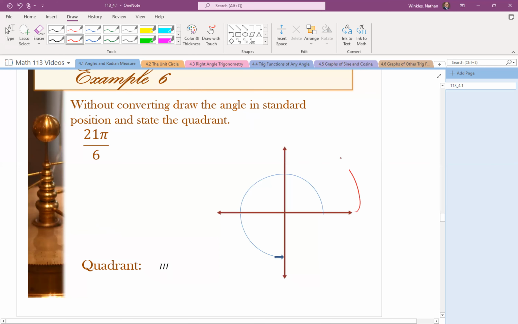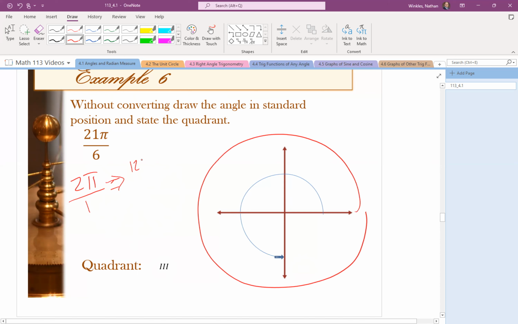One entire revolution is 2 pi. So in terms of 6, this is 2 pi over 1, which would be the same as 12 pi over 6. So if I were to subtract this, 21 pi over 6 minus 12 pi over 6, I get 9 pi over 6, which is now less than 2 pi because 12 pi over 6 is there.